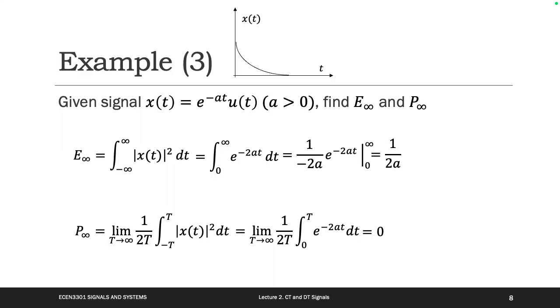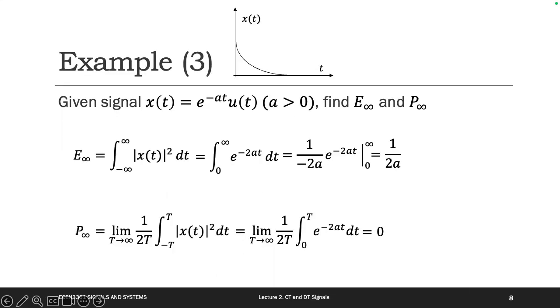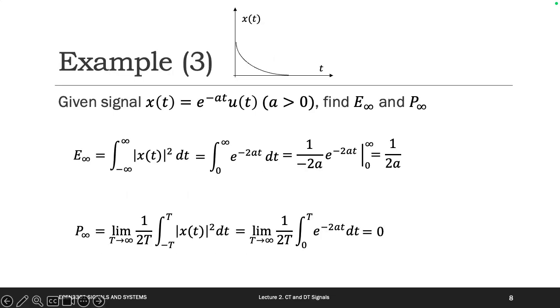So which class? Are you sure? It's 3? Are you sure? This is case one. Oh, okay, this is case one. Actually, about class 3, like I said, in this class we will not learn tools to deal with class 3.